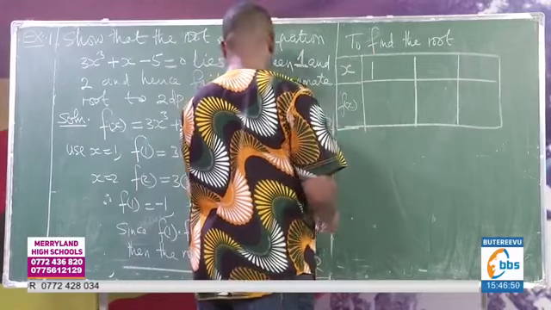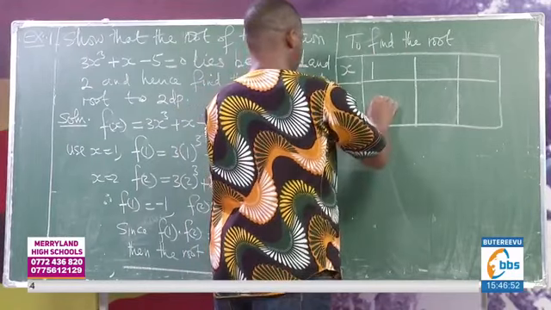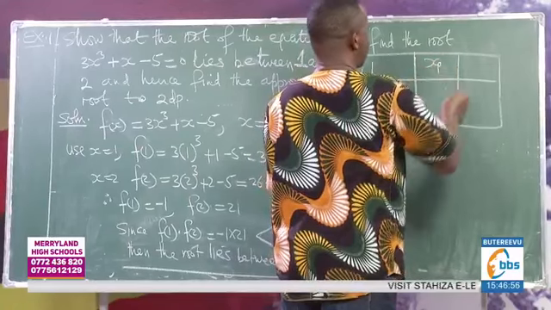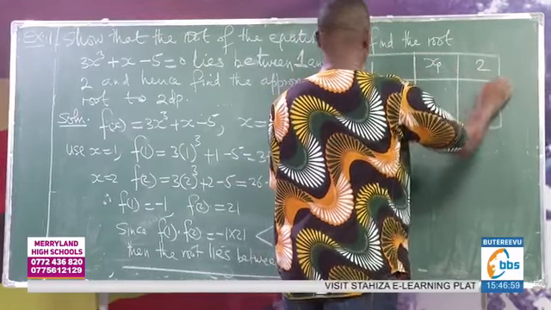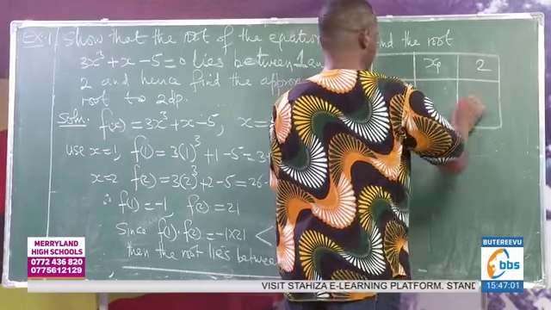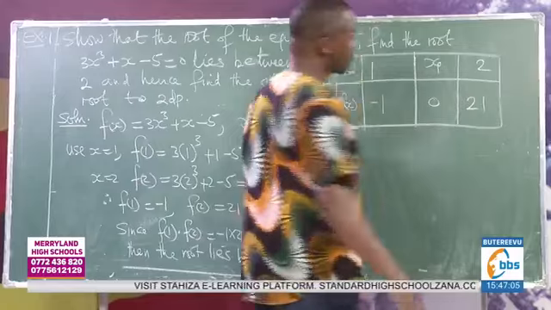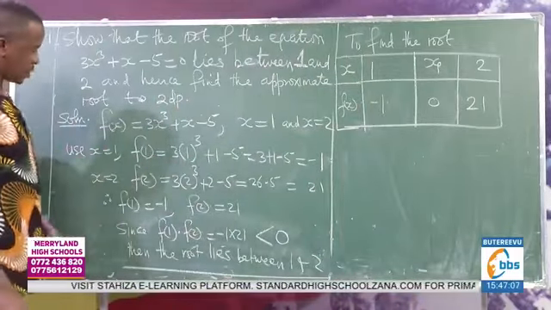For 1, we got our f of 1 as negative 1. The root must lie here. I called it xp. And the 2 is here. For 2, we got positive 21.